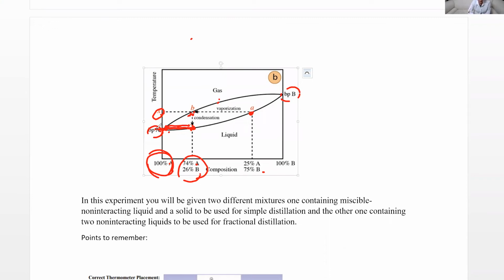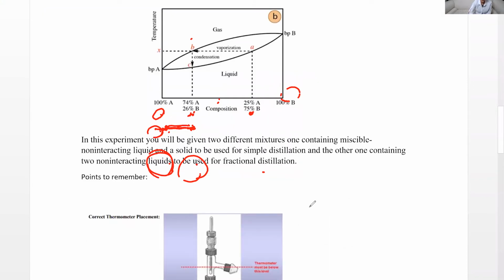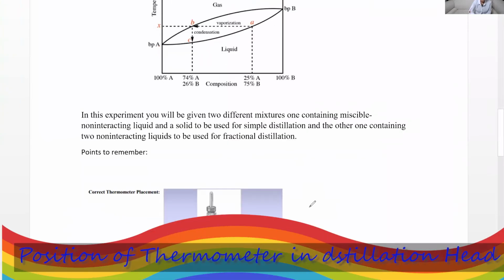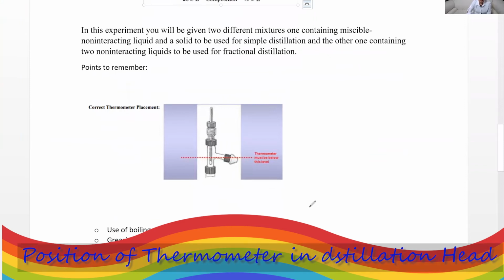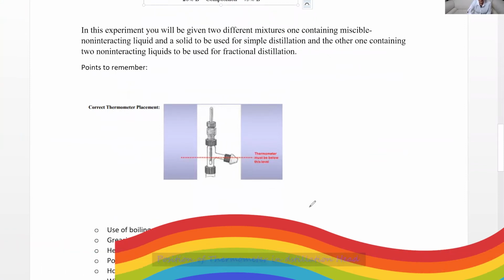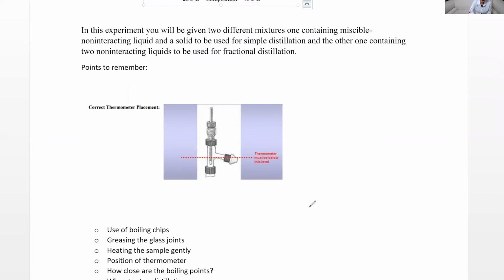So in this experiment, we are separating the components of a mixture of two liquids by fractional distillation, and a liquid from a solid by simple distillation. And what you want to remember, because you're also measuring the boiling point of the liquids, is to adjust the height of the thermometer properly.